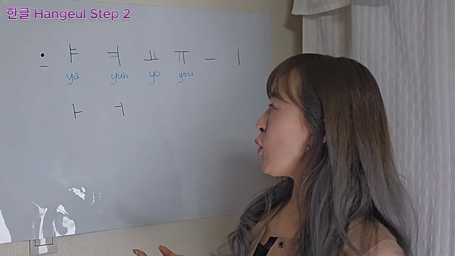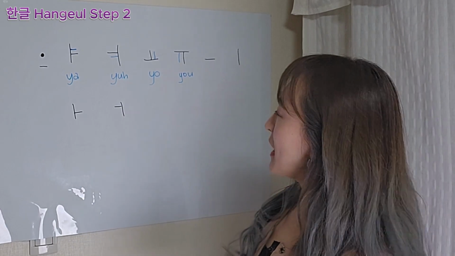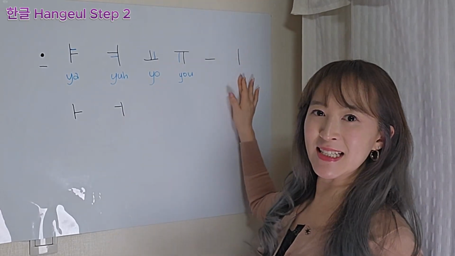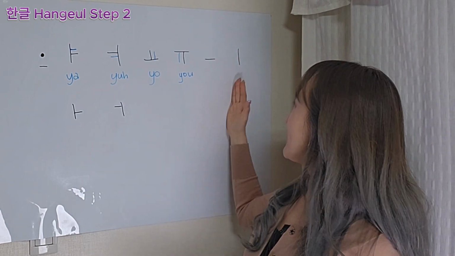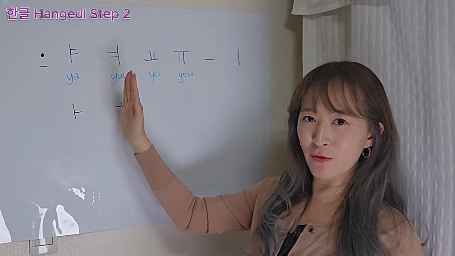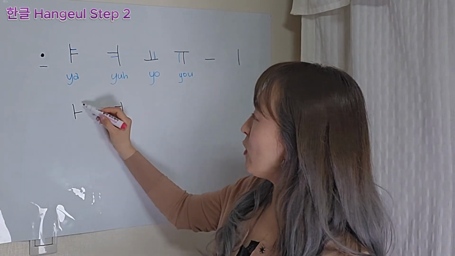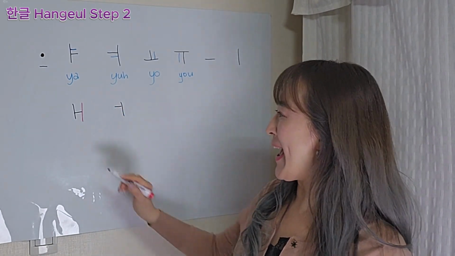And this time we again have the basic vowels from last time, and now we will add E. We will add this E to this because it's the vertical line, right? And this is also the vertical line, so they come together, and we will put it here to make a sound.